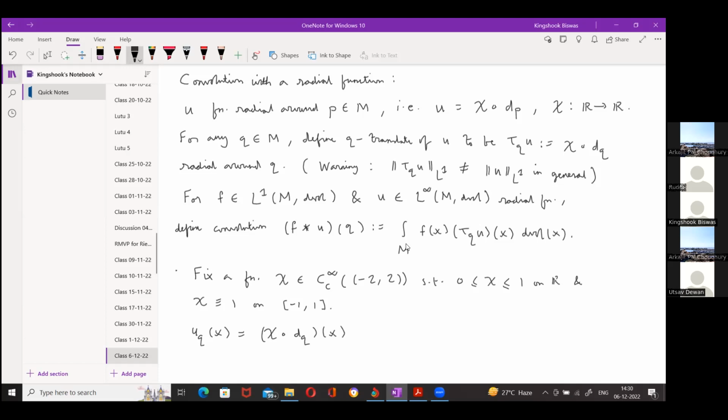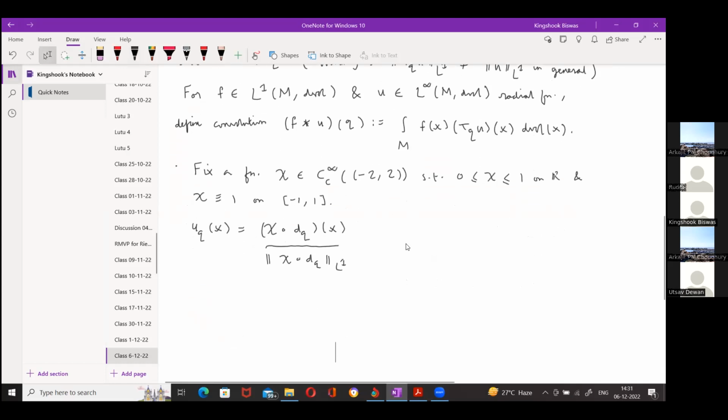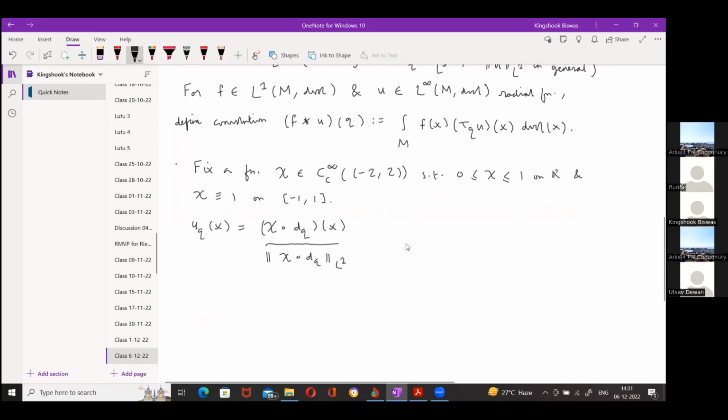Now you want the L1 norm to be constant, so you divide by the L1 norm of this. This is actually what we have to do, just because of the fact that the L1 norms of the translates are not constant. And then we do a sort of convolution. So it's not exactly a convolution.